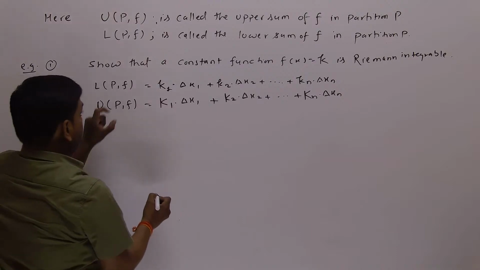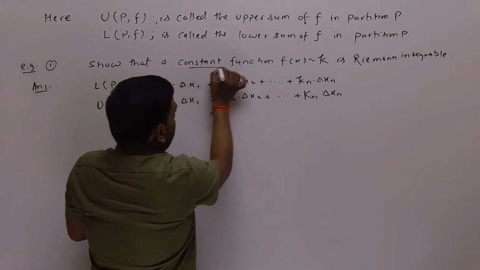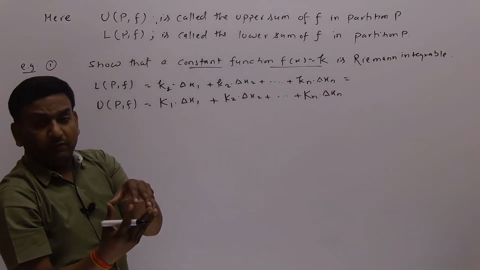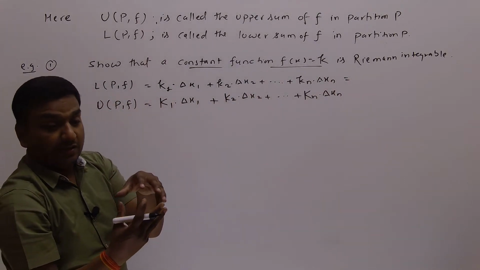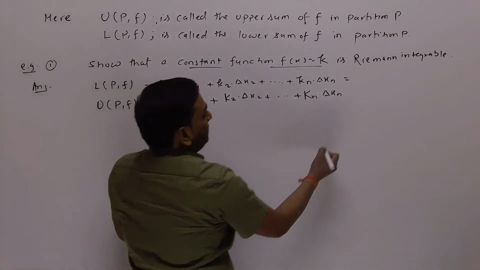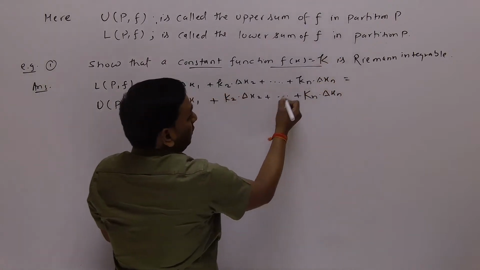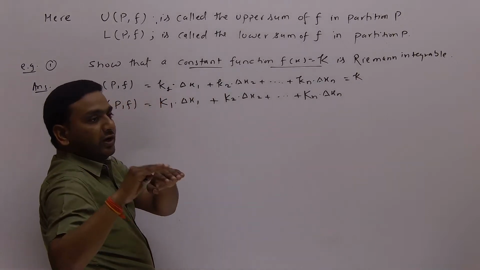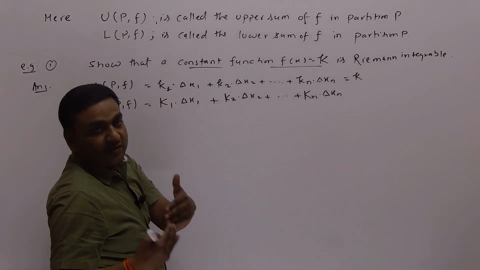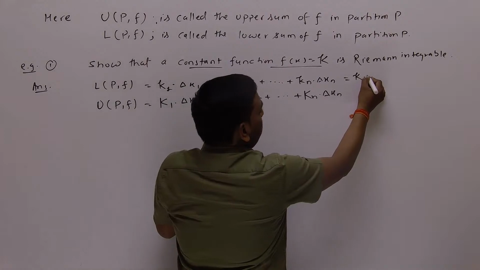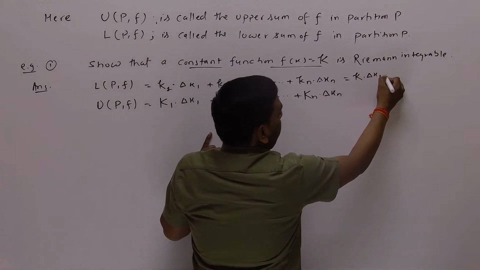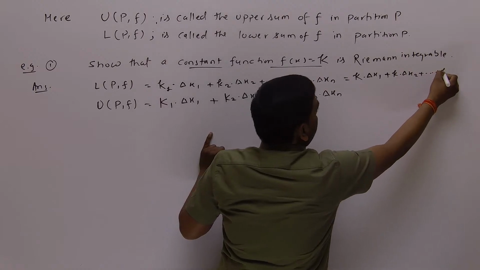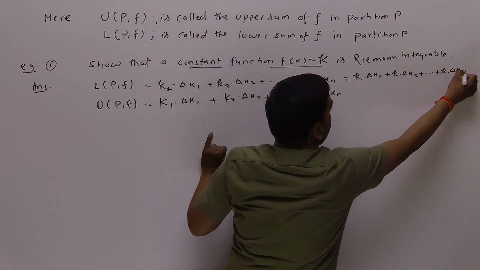For example, if you talk about this k1, k2, kn, observe carefully, since your function is what? It is a constant function, so it has the lower bound as small k. The function is constant, so its value will be the same on every subinterval. So this will be written as small k into delta x1, small k into delta x2 plus small k into delta xn.